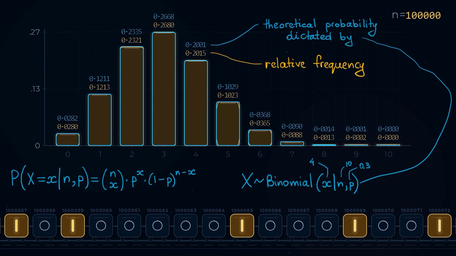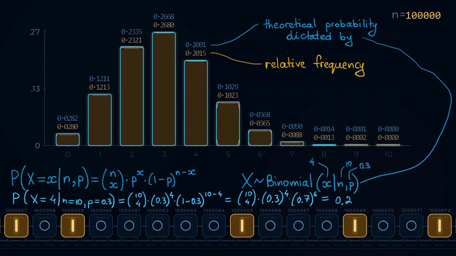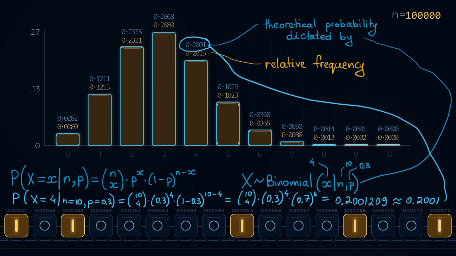Evaluating the binomial probability for x equal to 4 gives us that value of 0.2001 that we observe in blue above the bin corresponding to the value of 4 of this random variable.